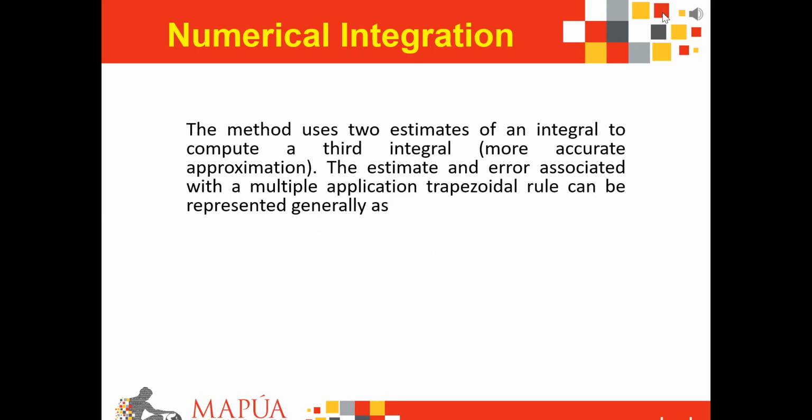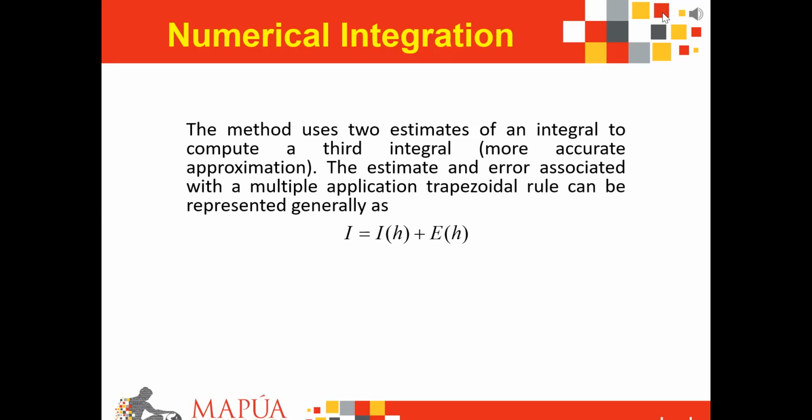The estimate and error is often associated with errors that usually apply to these different techniques. For the trapezoidal rule, the error is often associated with the number of segments, much like any other technique.